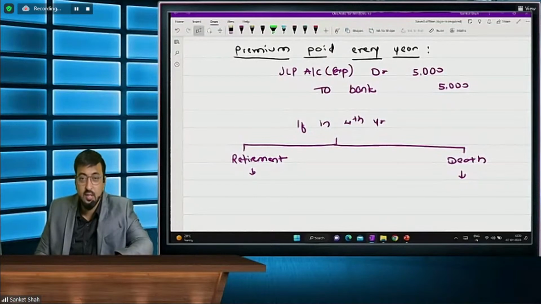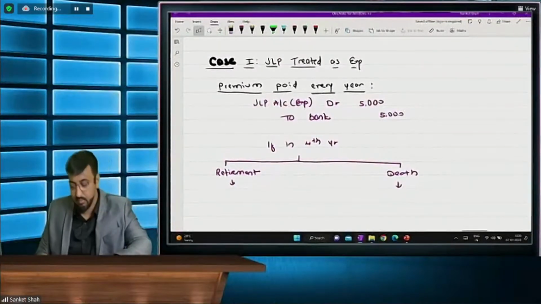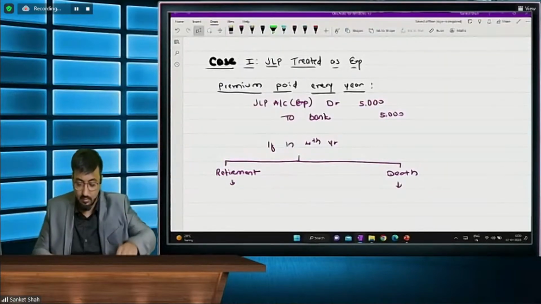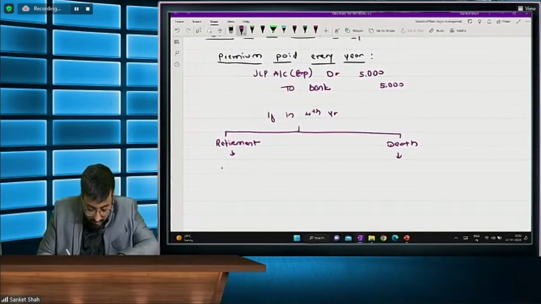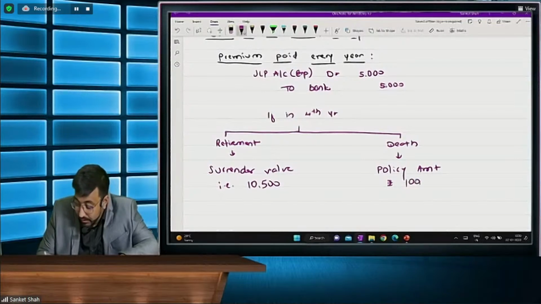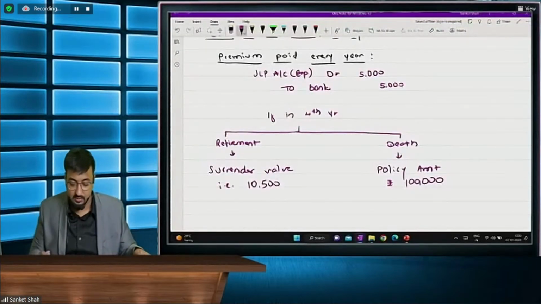So write quickly. If in the 4th year retirement occurs, surrender value. Tell me the amount now. That is 10,500. And if death happens in the 4th year, any death amount gives you 1 lakh rupees. Any death in any year, 1 lakh rupees.